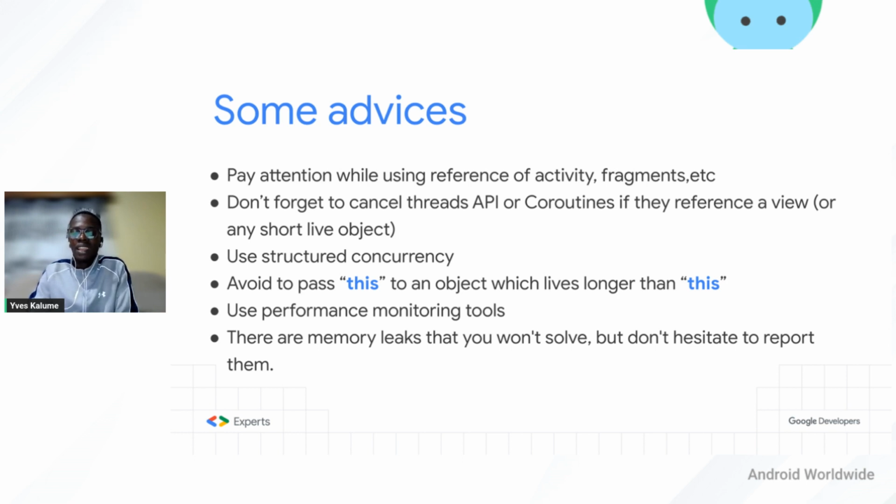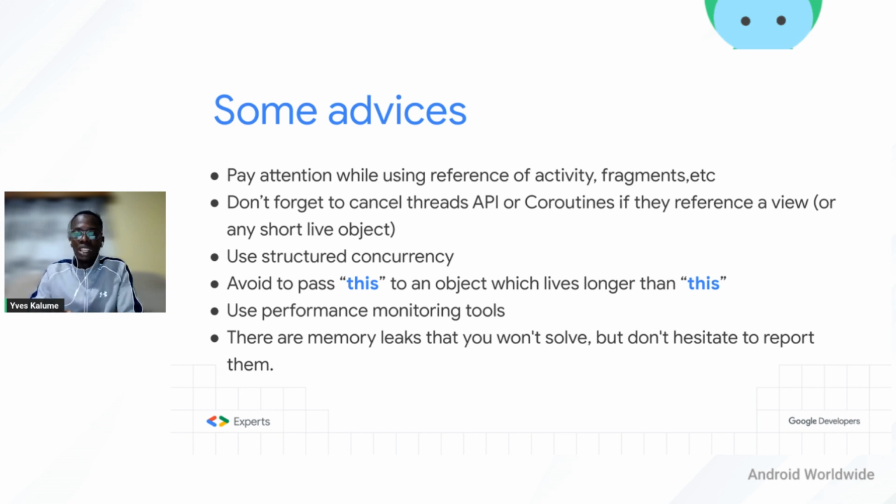But if this is a reference of an activity, you should pay attention to not pass it to an object which lives longer than this activity. But not only activity, also any other object which has a short life cycle.